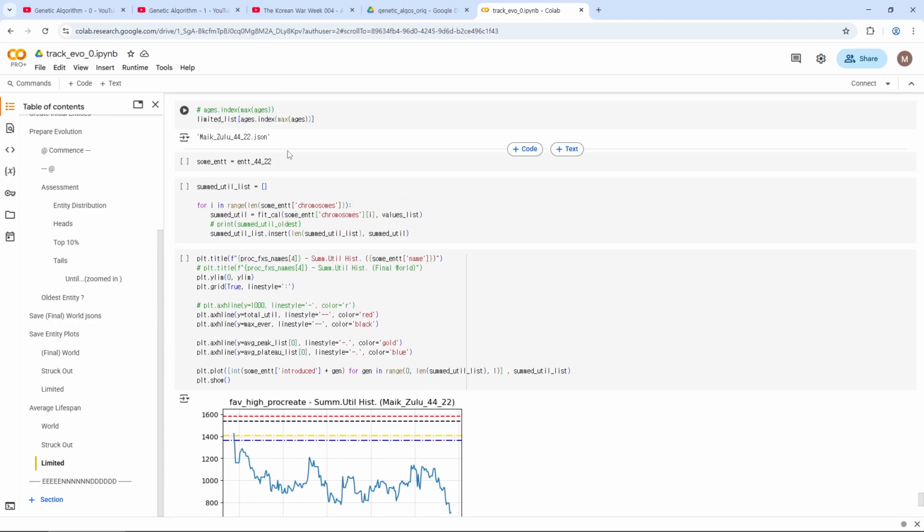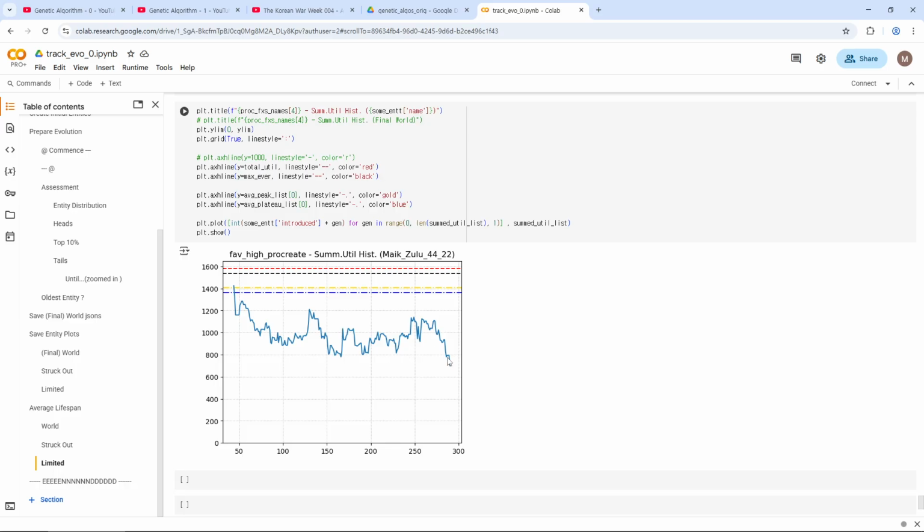Same as Mike Zulu. Mike falls back down again, and this is when it got limited out of the population because it was ranked so low. It was ranked so low, and it had to be excluded.